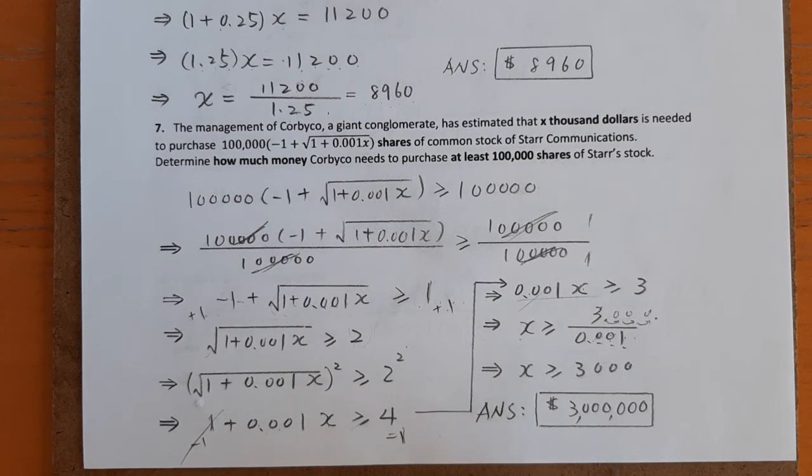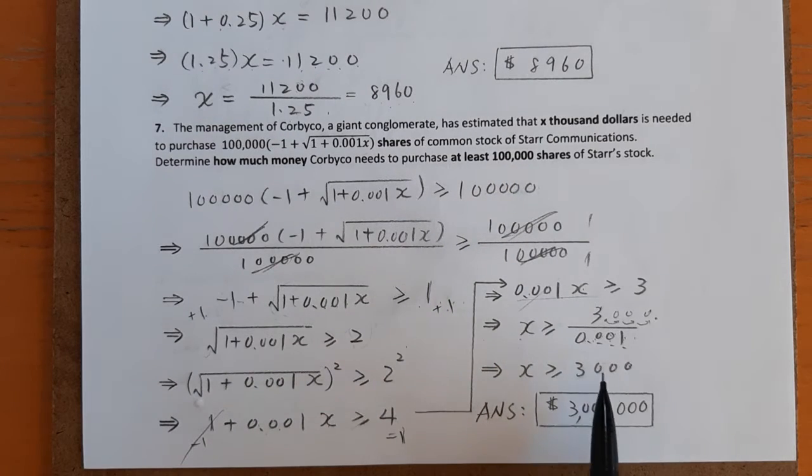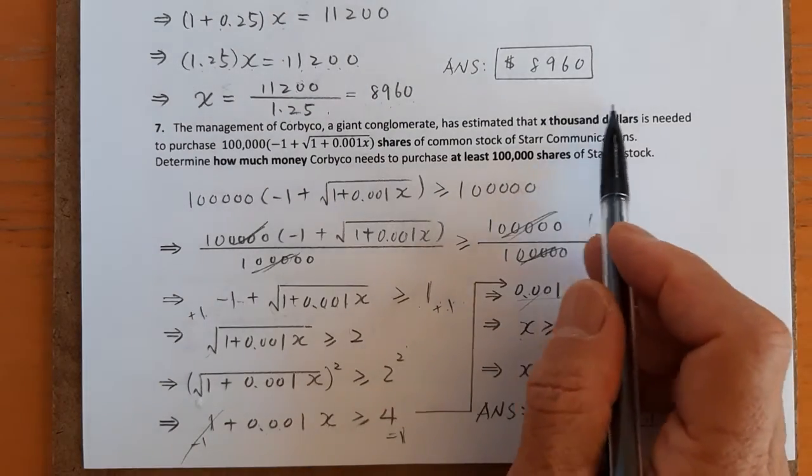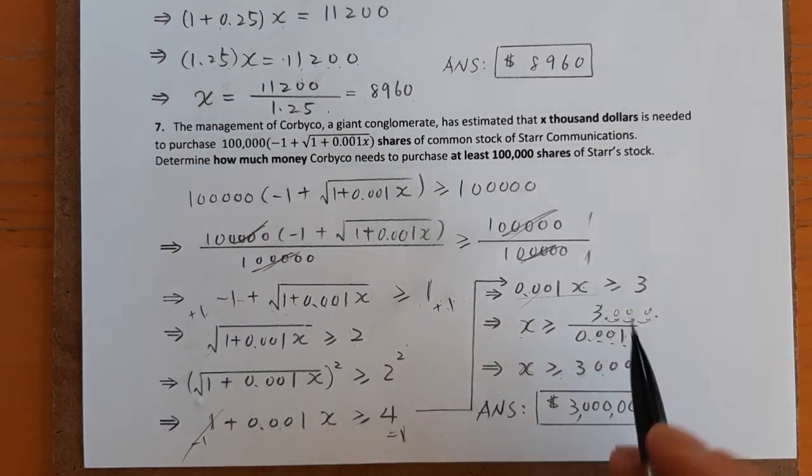So how much money do you need to purchase at least 100,000 shares? You need 3,000 thousands. This is the minimum x, because x is greater than or equal to 3,000.